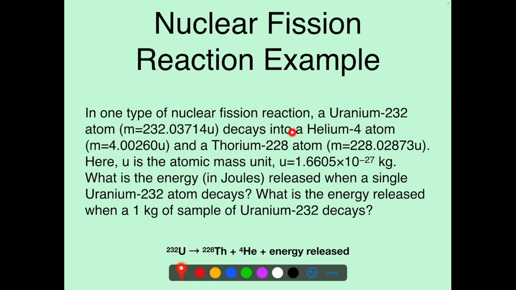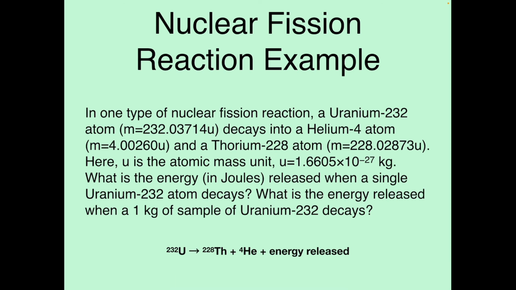It decays into a helium-4 atom with a mass of 4.00260 U. And a thorium-228 atom with a mass of 228.02873 U. So again, U is the atomic mass unit. It's equal to 1.6605 times 10 to the minus 27 kilograms.